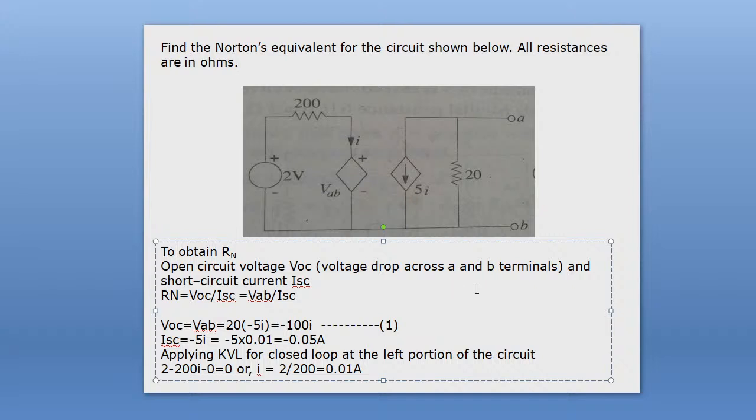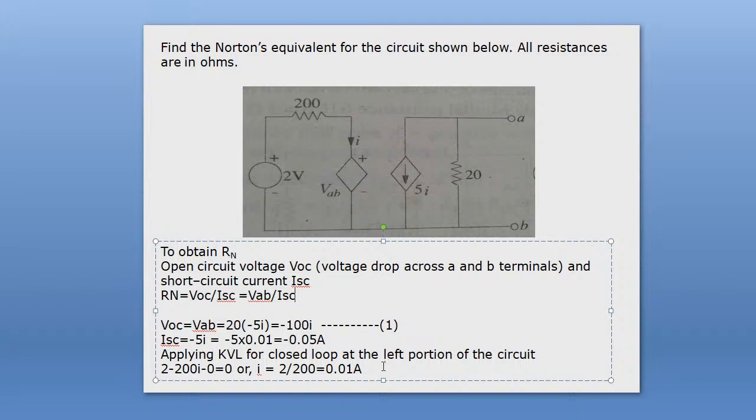VAB equal to minus 100 I. Your objective is to calculate VAB, so 2 minus 200 I equal to minus VAB, equal to minus 2 volt.